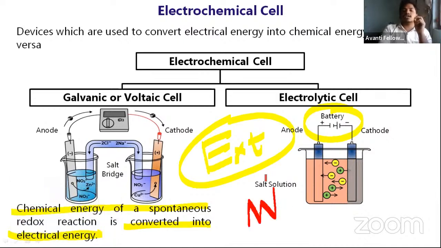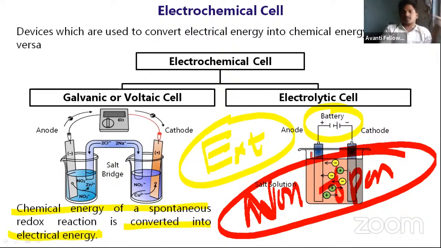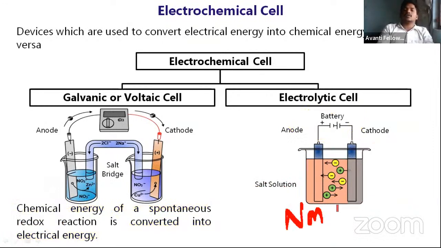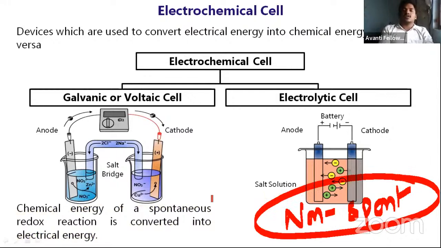A galvanic cell is spontaneous because the chemical reactions, without any other influence, will conduct electricity, whereas an electrolytic cell uses electricity to produce non-spontaneous chemical reactions.